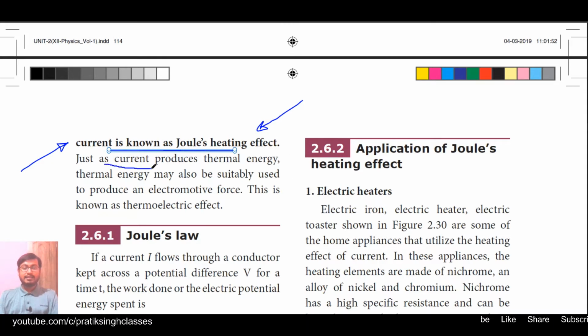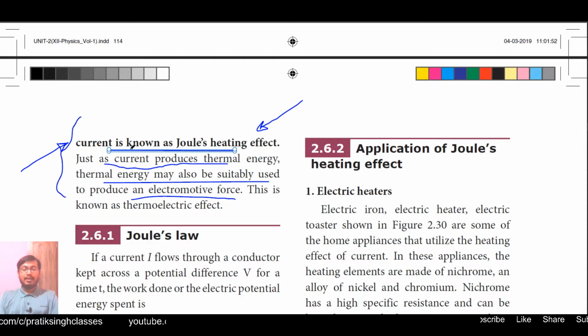Just as current produces thermal energy, thermal energy may also be suitably used to produce an electromotive force. Since our childhood we have studied that energy can neither be created nor destroyed; it can be converted from one form to another. Same here: when current passes through a conductor, some electrical energy is converted into heat energy.